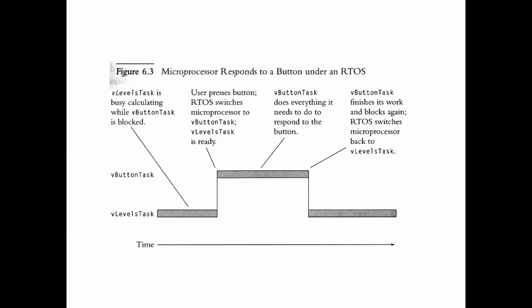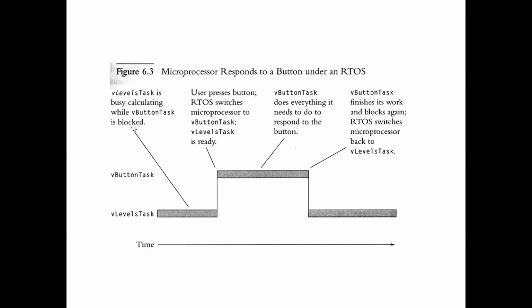Is this the case? No. Here the button task is not ready to run because it is waiting for some external thing to happen. What is the external thing? Some external user will come and press the button, and only then it will get unblocked. So the level task is in running state, and at that time the button task is blocked.